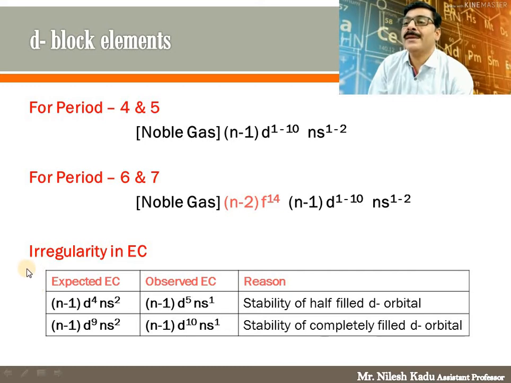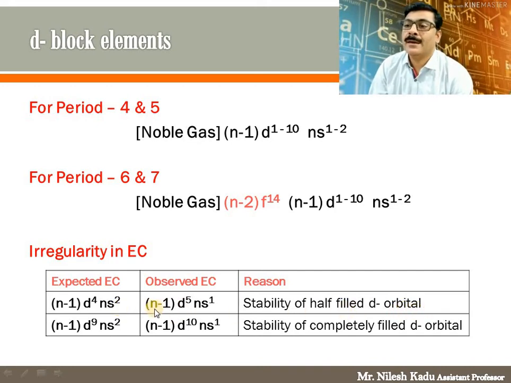For d block elements there are two types of irregularity on the basis of the stability of orbitals. First, if the (n-1)d orbital contains 4 electrons, then the jumping of an electron from the ns orbital takes place, and this is for the stability of the half-filled d orbital.